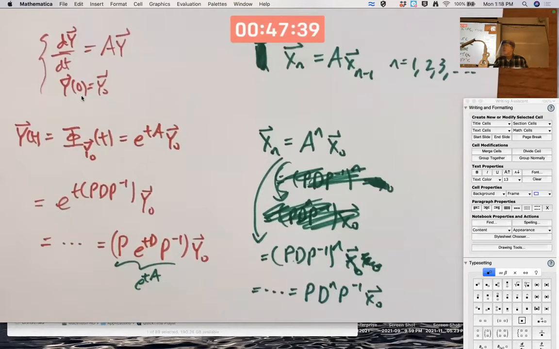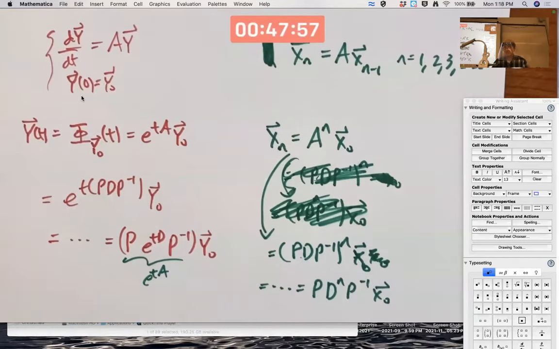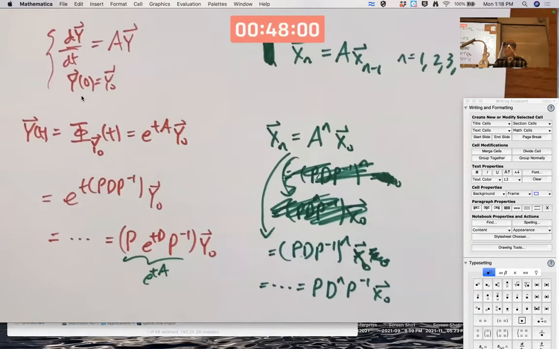That's what we're doing when we change variables to skewed coordinates, where the new axes are on the straight line solutions parallel to the eigenvectors, is we're making the system look simpler, easier to solve. But we've got to translate back to the original system by doing the P D P inverse stuff.